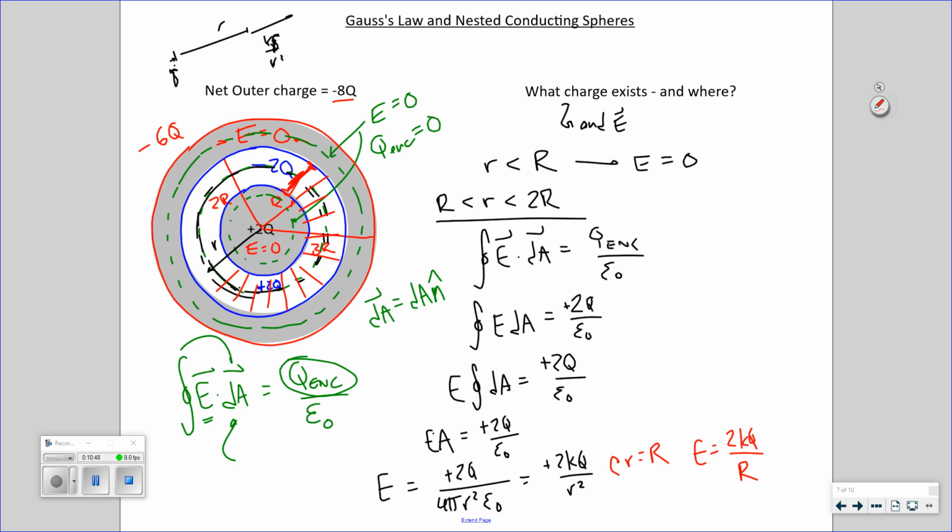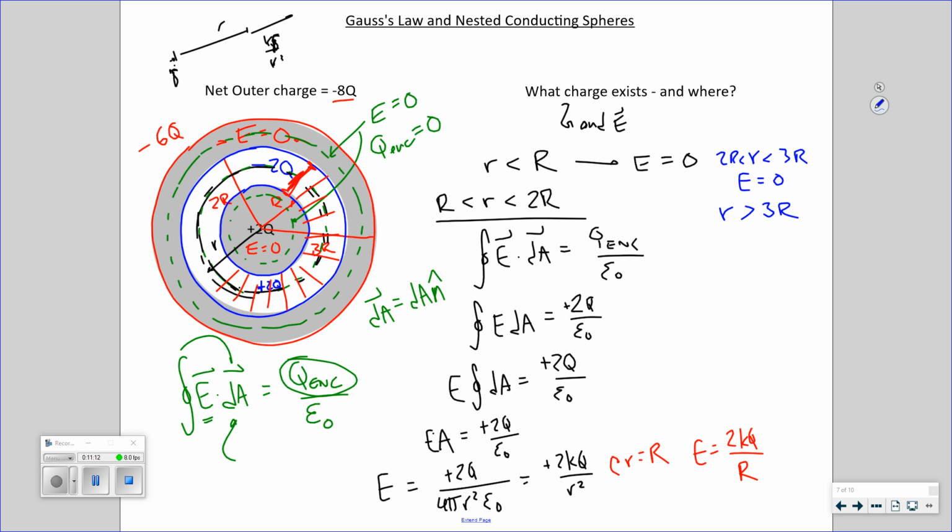Let's take a similar approach, but now we know that if r is between 2R and 3R, we're inside that outer conductor, and E equals 0. So now let's look at r bigger than 3R.